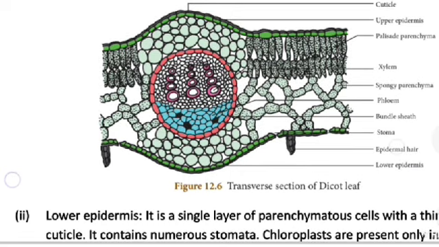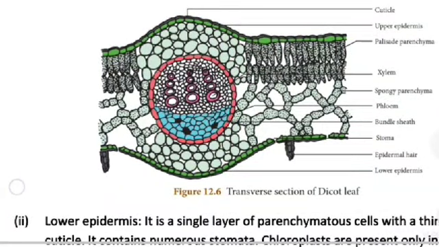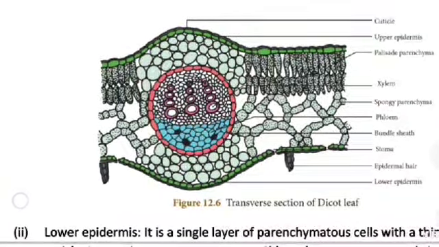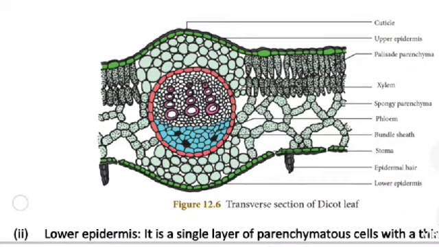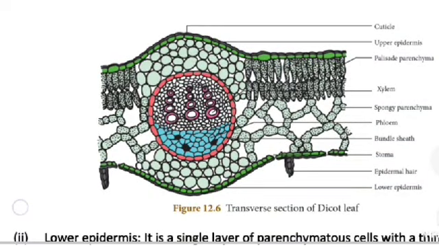Epidermal hairs are also present. The small opening is called a stomata. The stomata have subsidiary cells and guard cells also present. The air space is present.